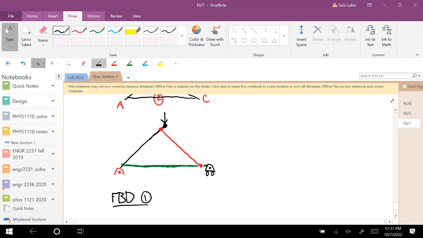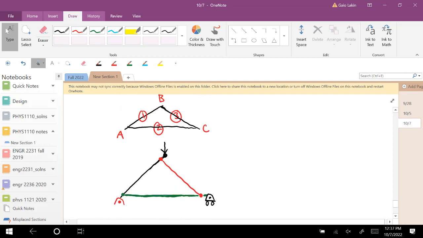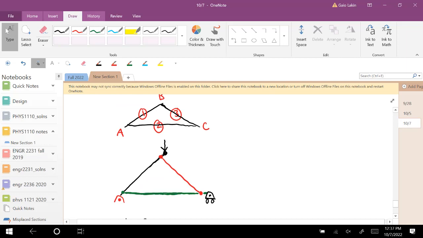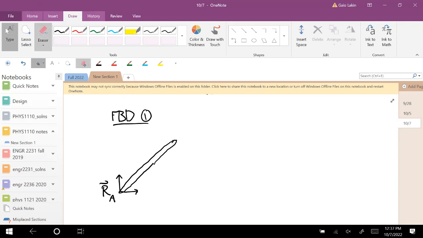And there's also a pin joint connecting it to member 2. So I'll call that the force on 1 by 2. And so I'll write this as RA plus the force on 1 by 2.